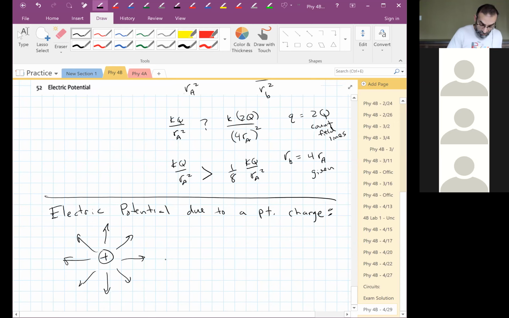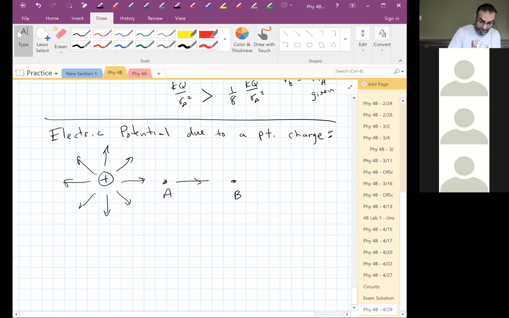And we're moving from point A to point B. So what's our electric field? KQ, I'll use a lowercase q, KQ over R squared, right? So the delta V, that's going to be VB minus VA, final minus initial, is minus the integral of E dot ds.